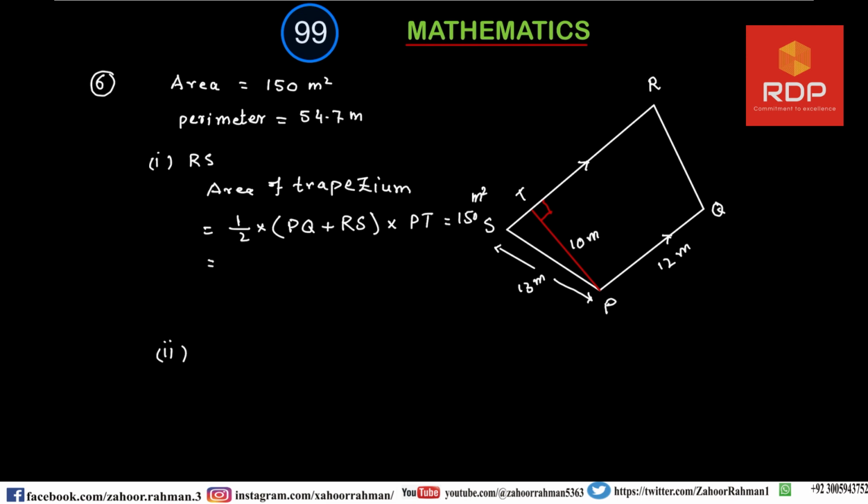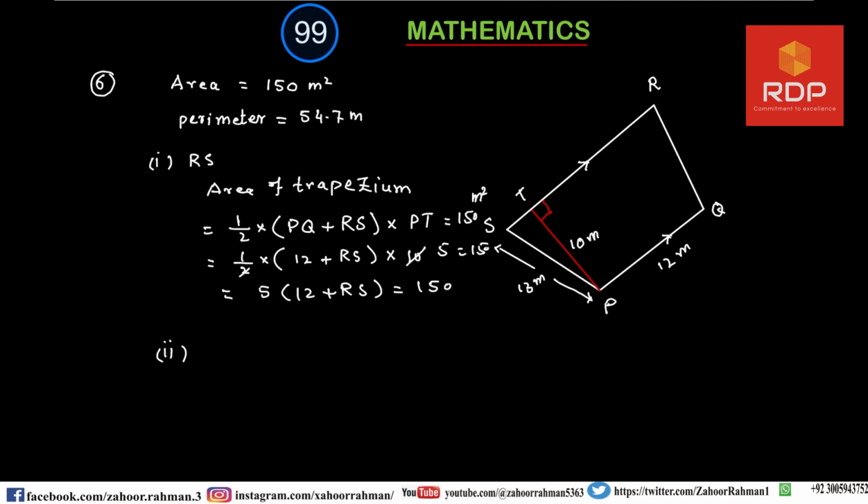So now putting the values: 1 over 2 into PQ, you can see that it is 12, RS we have to find, and then PT is 10. So 2 ones are 2, 2 fives are 10. So we are writing 5 into 12 plus RS is equal to 150 meter square.